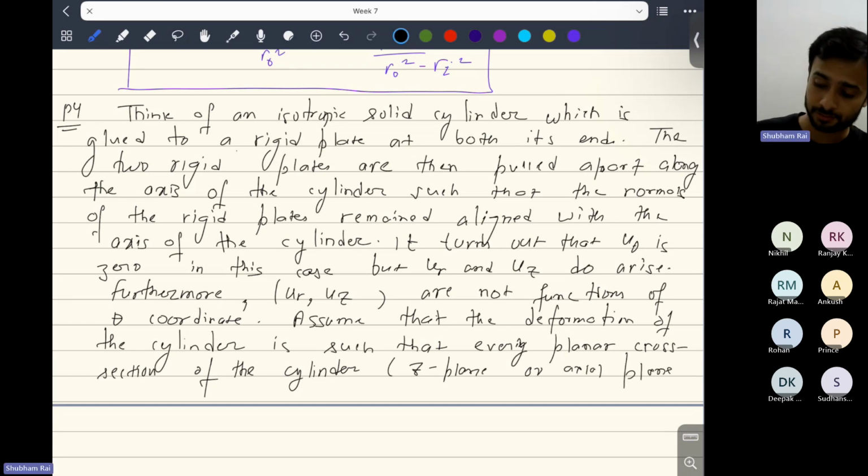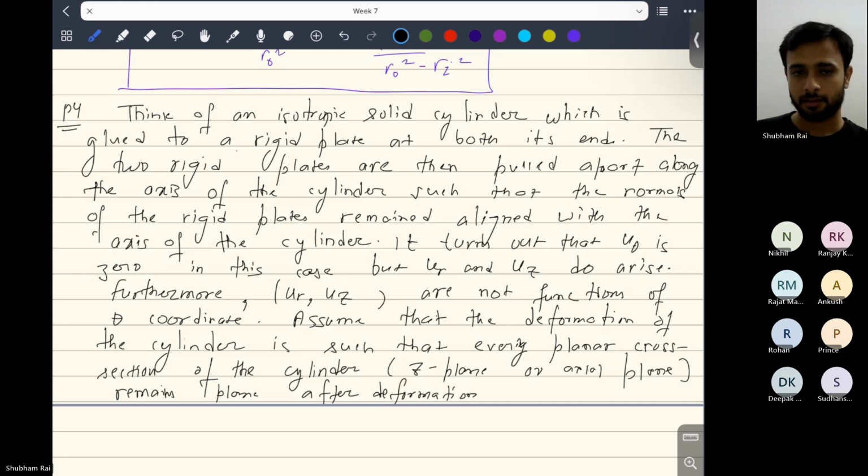Z is along the axis of the cylinder. So every planar cross section of the cylinder remains plane after deformation and remains normal to the Z axis.